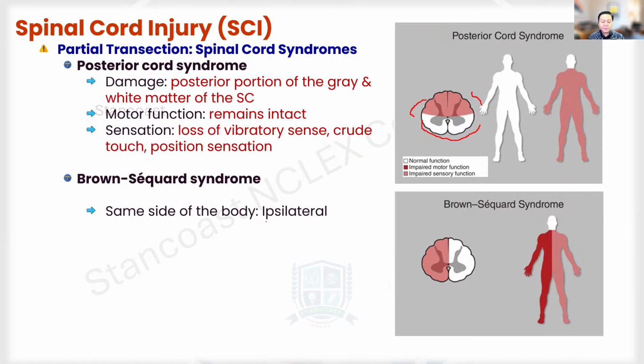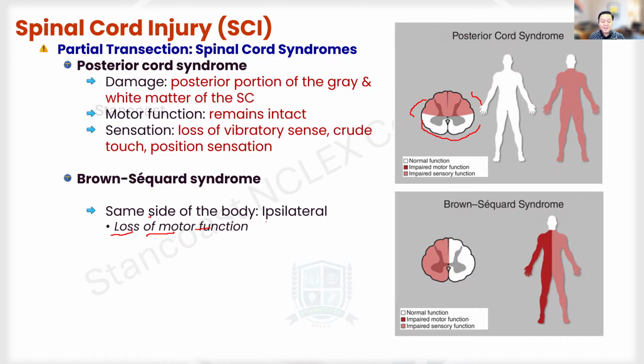So if the patient has an injury to that particular side of the spinal cord, then they're going to end up with the loss of motor function on the same side. Take a look right here. Loss of motor function on the same side of the body if they have that injury to that particular side of the spinal cord as well.